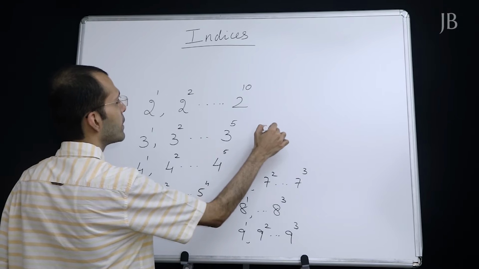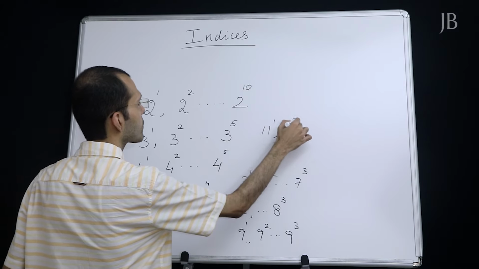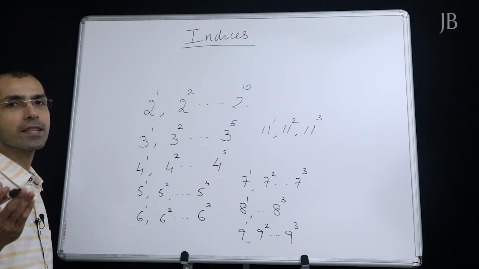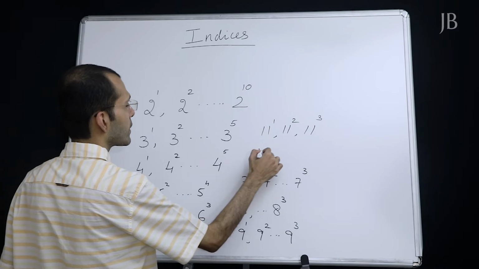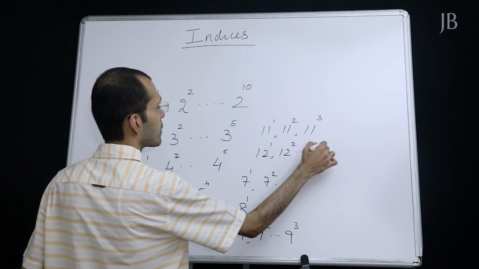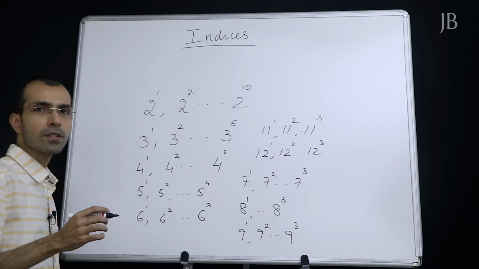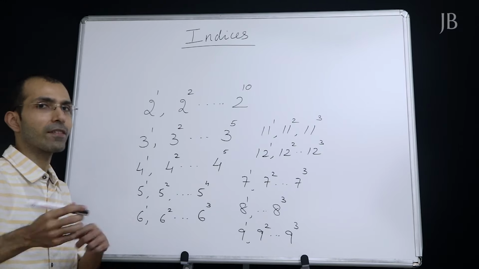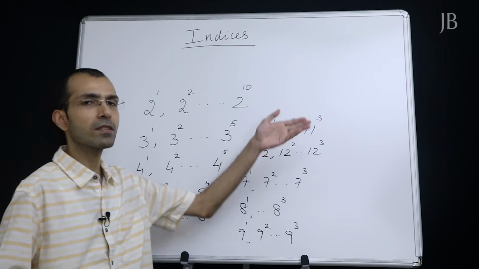Then you have 11 raised to 1, 11 square, and 11 cube you need to learn. 11 cube is 1331. Then 12 raised to 1, 12 raised to 2, 12 raised to 3. 12 raised to 3 is 1728, not 1278, because 11 cube is 1331.